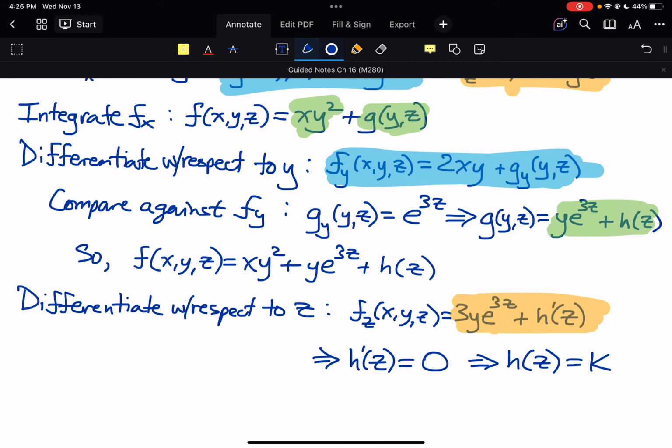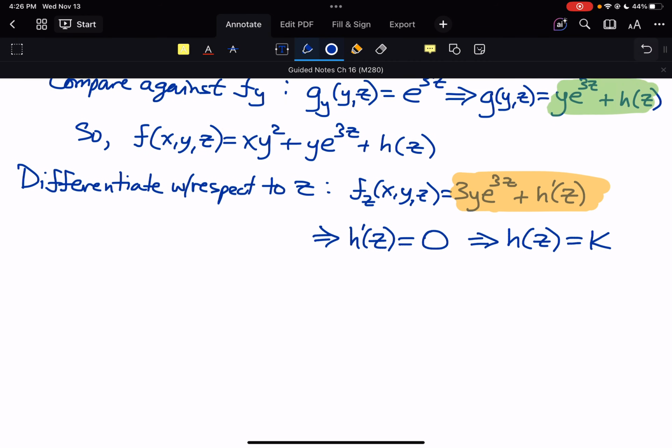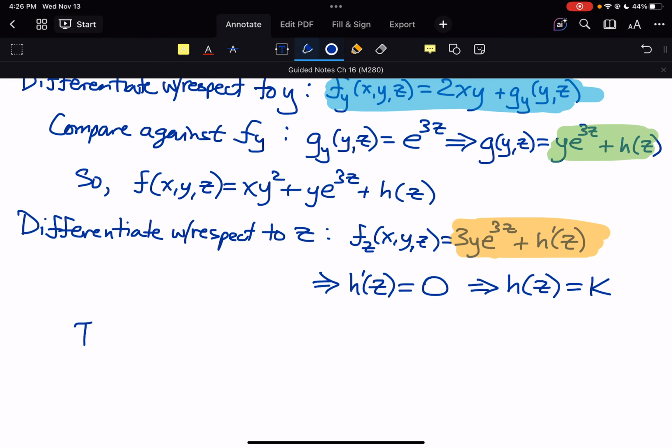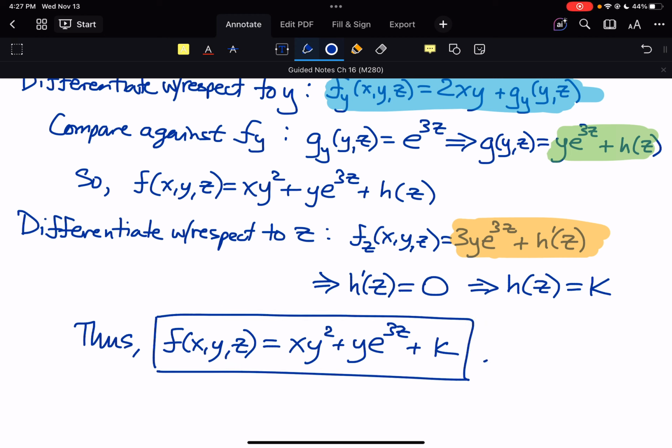So now we have the last missing piece that we needed to that original function. So we can say, thus, f of xyz equals xy squared plus y e to the 3z plus k. And that is our potential function.